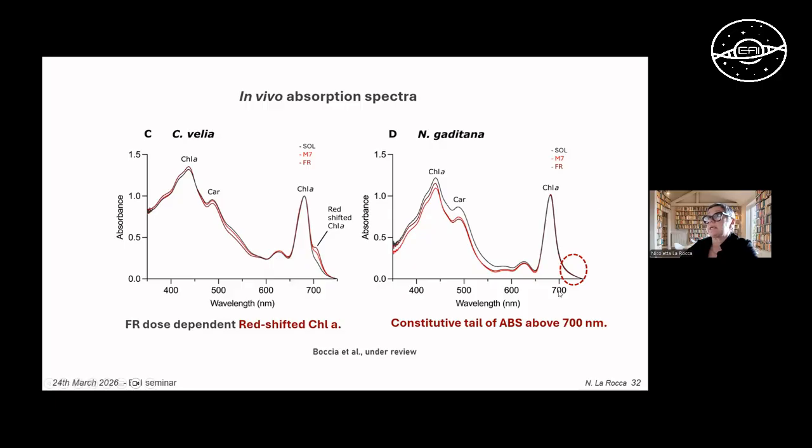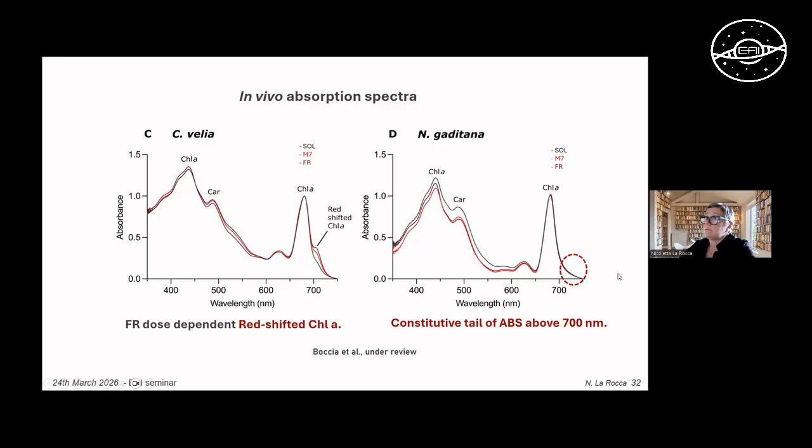While the other species able to utilize far-red light don't show a change in the absorption spectrum above 700 nanometers, they seem to have a constitutive tail of absorption above 700 nanometers.